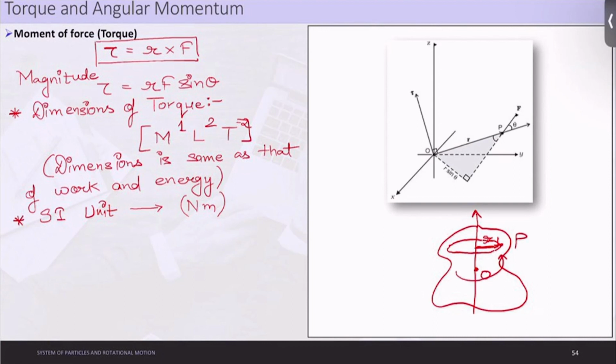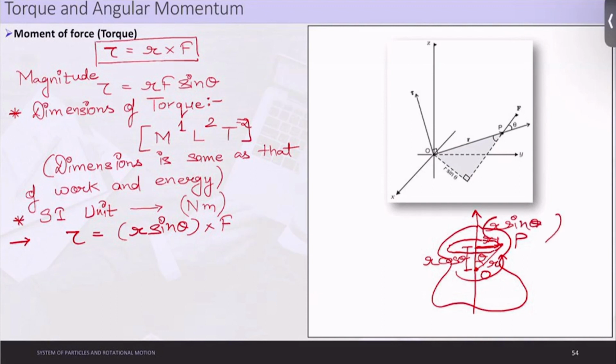Let us use that concept here. Now we can write tau as R sin theta into F. What was R? R was this location, and let us say this is theta. So what is R cos theta? This is your R cos theta, and this is your R sin theta.